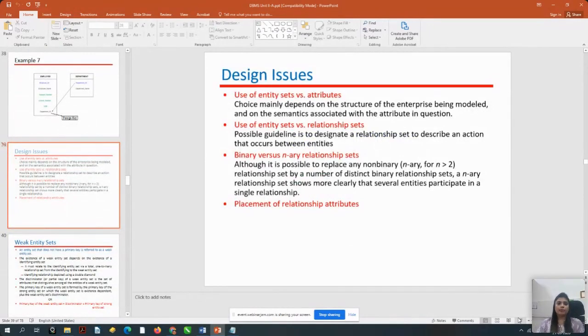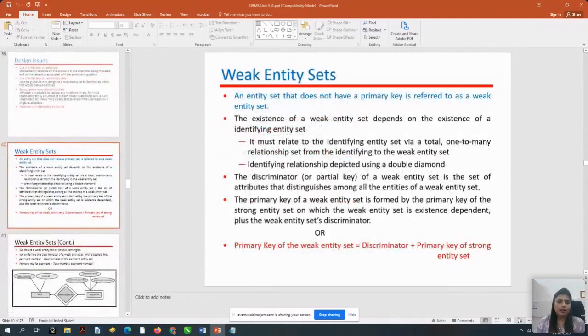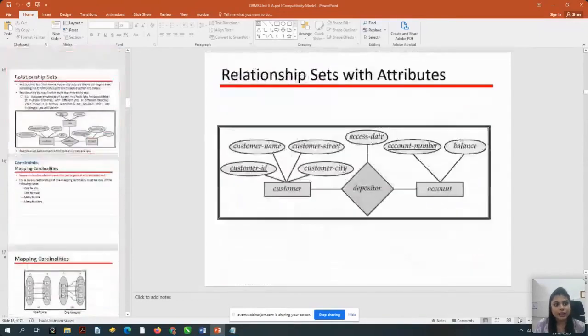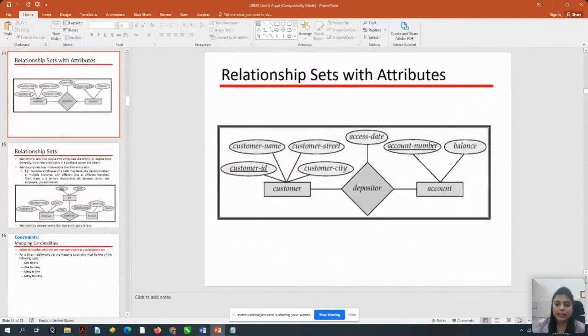Then the next important concept is weak entity sets. First of all, I'll take a quick review, then we will start with weak entity sets. What we have studied is the entity, attributes, and relationship. Then comes the types of attributes. We now know multi-valued attributes, derived attributes, and we can represent them.